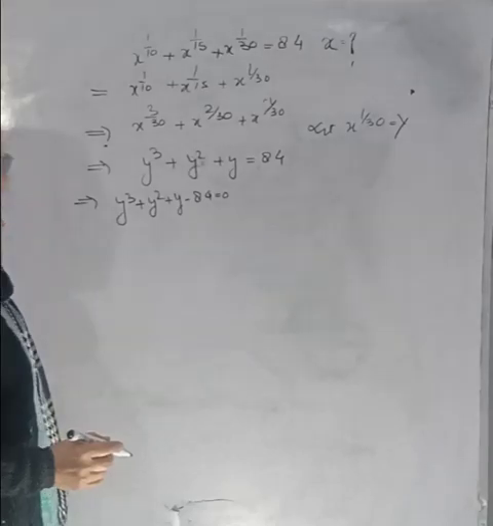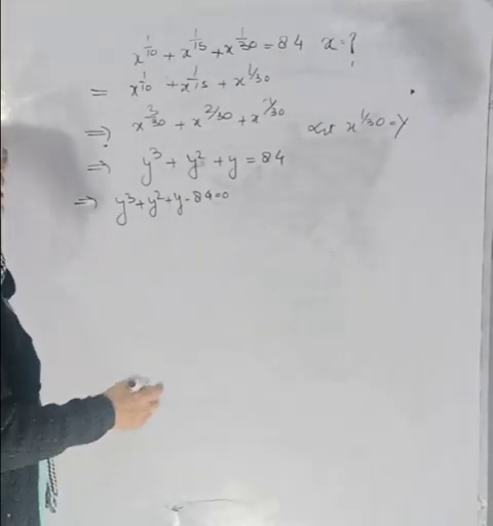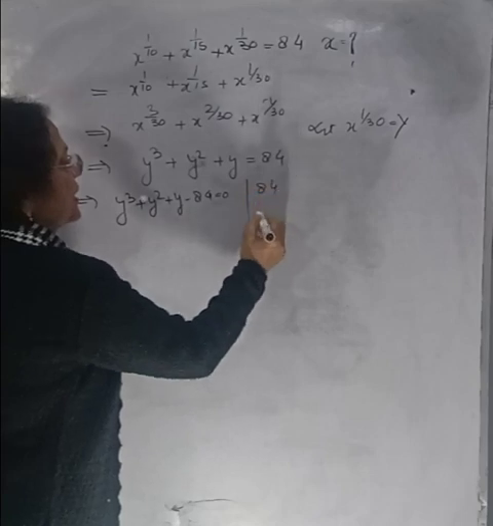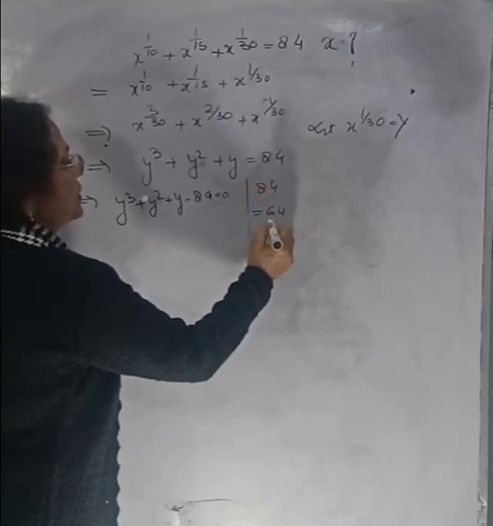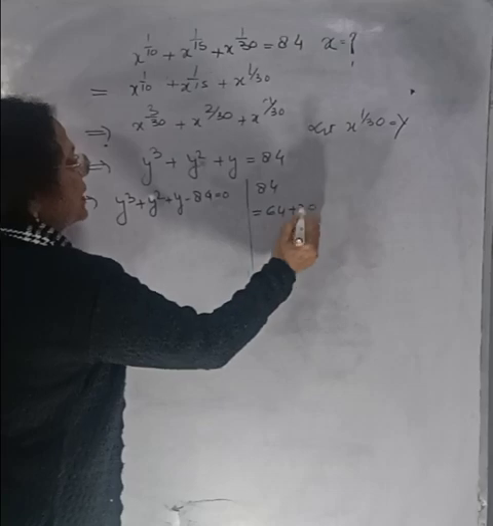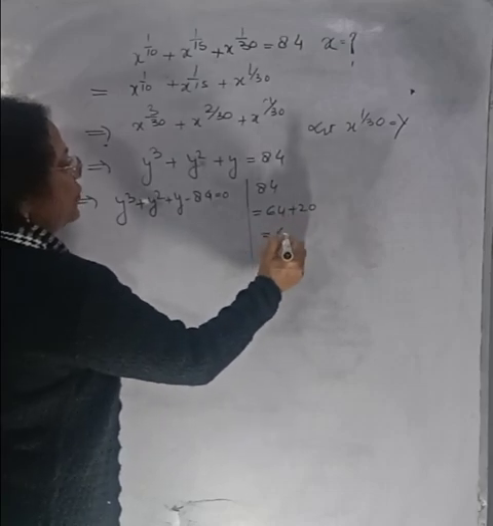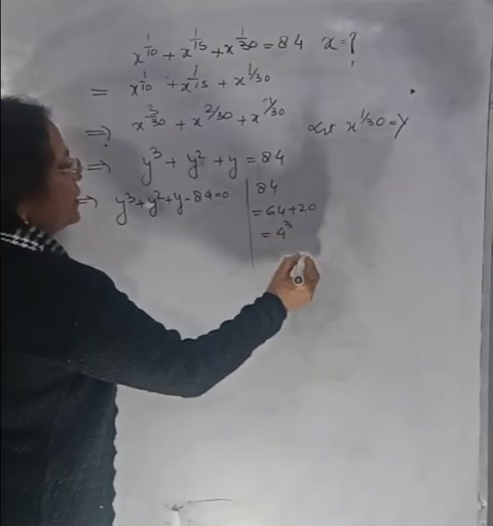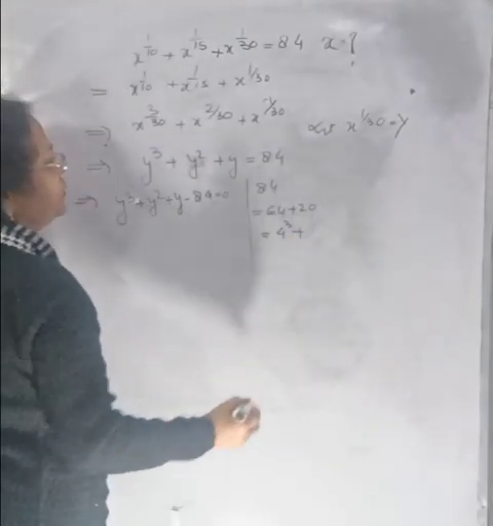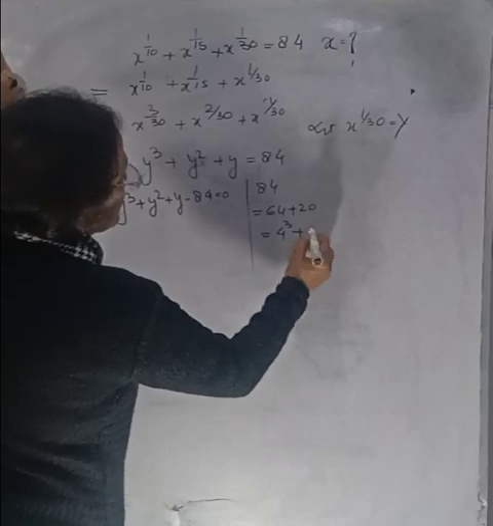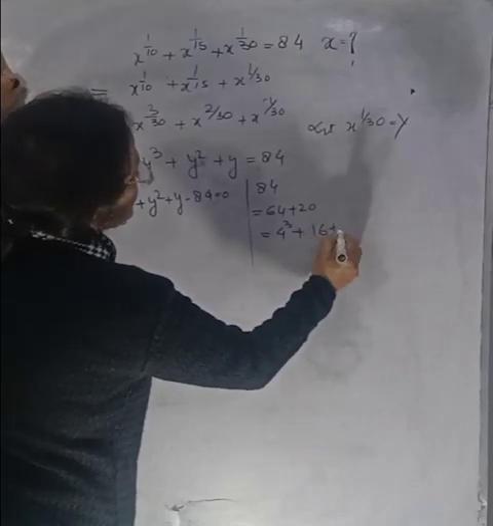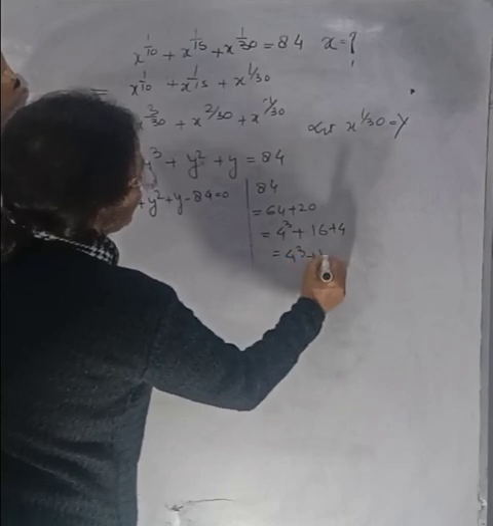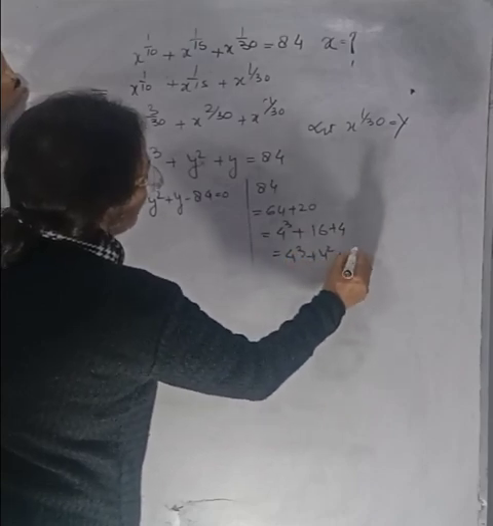This 84 can be divided into portions: 84 can be written as 64 plus 20, which is 4 to the power 3 plus 20, and that can be written as 16 plus 4, that is 4 to the power 3 plus 4 to the power 2 plus 4 to the power 1.